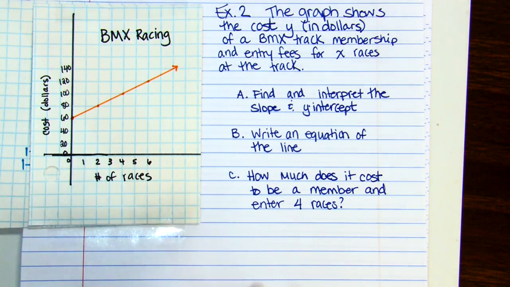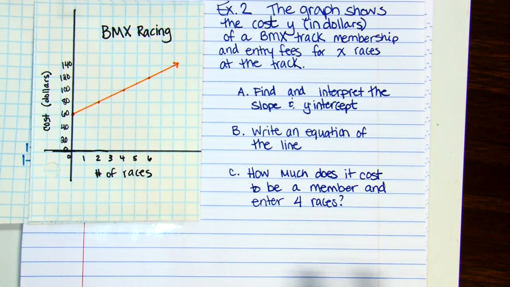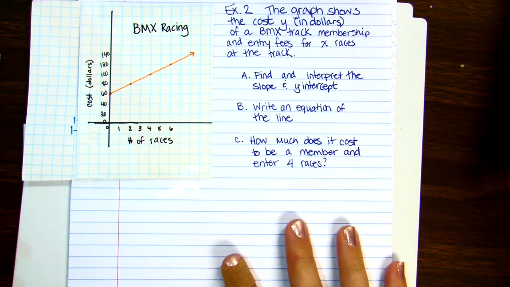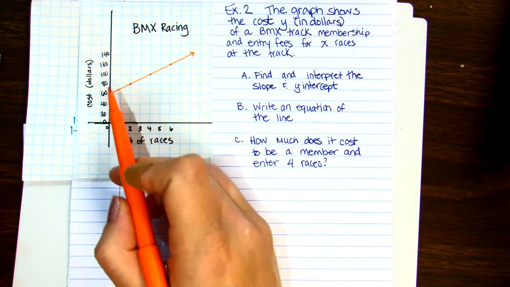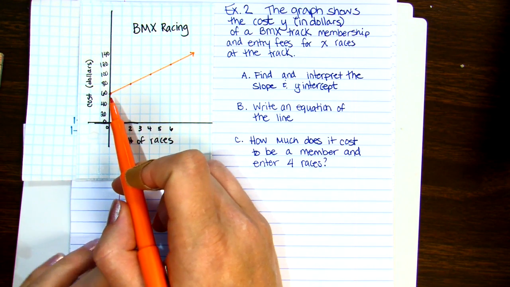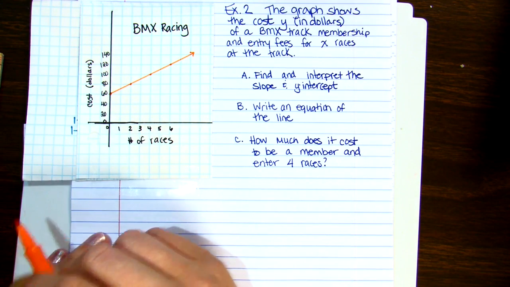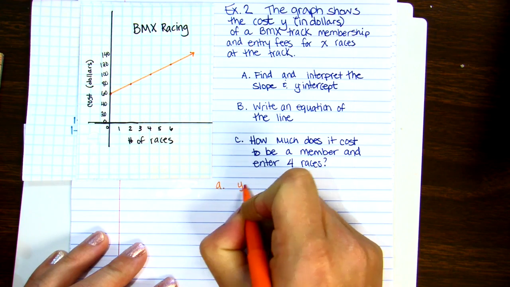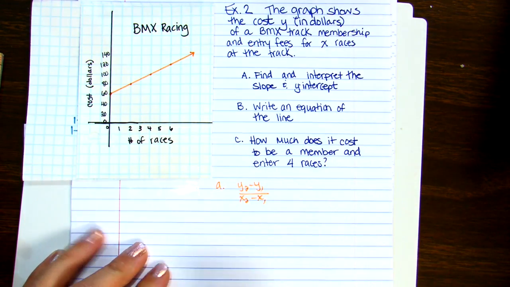So our first part of the problem says find and interpret the slope and y-intercept. So I'm going to do this the same way that I have found slope. Let's zoom out a little bit so we can see everything at once. The same way we found slope before, which was basically taking 2 points and using our slope equation, which is y2 minus y1 over x2 minus x1.